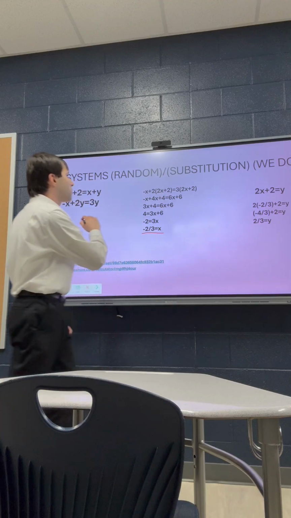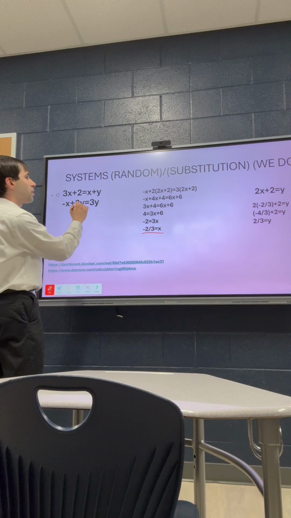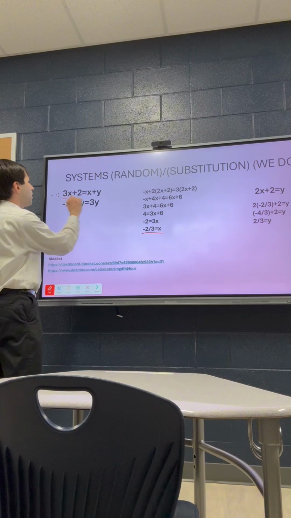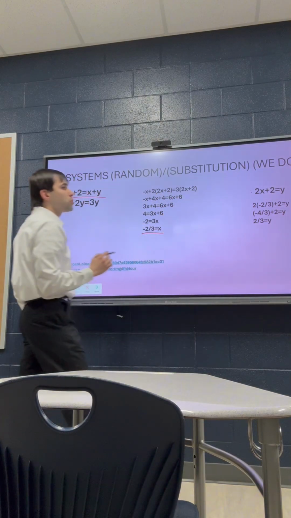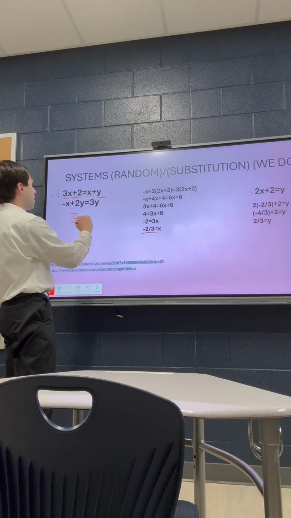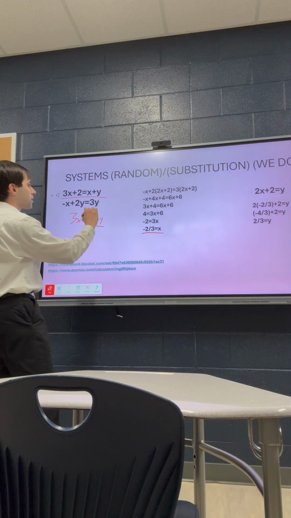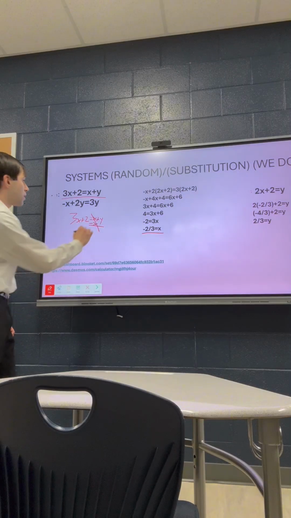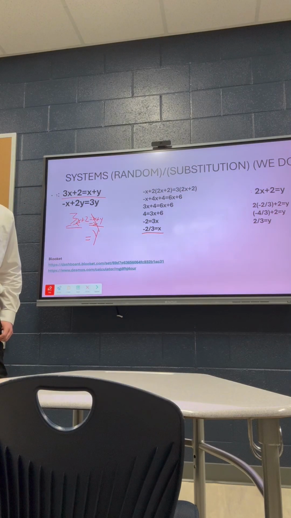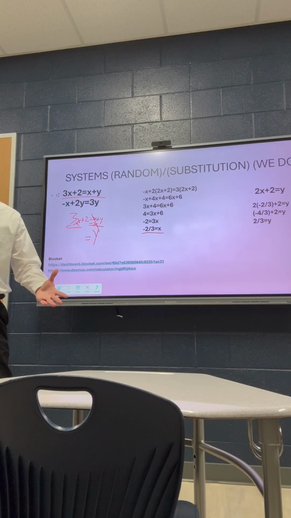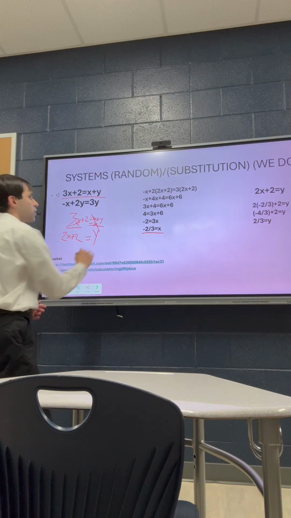So once we solve for y here, y is 2x plus 2 because 3x equals x plus y. We solve for y by just subtracting by x. Y is by itself. What is 3x minus 1x? 2x plus 2.